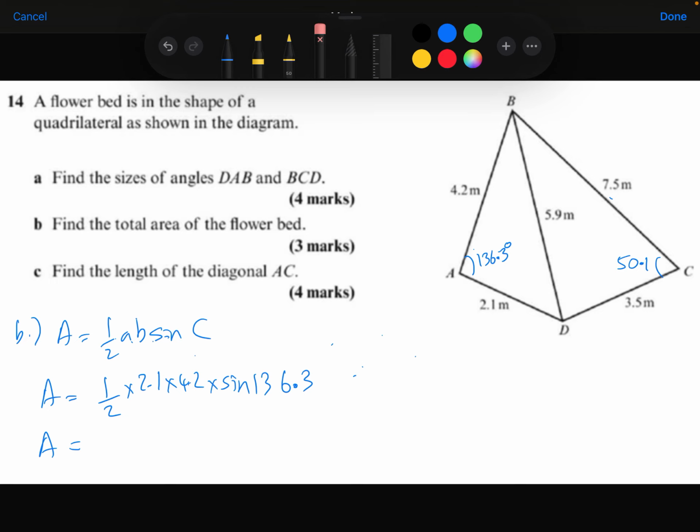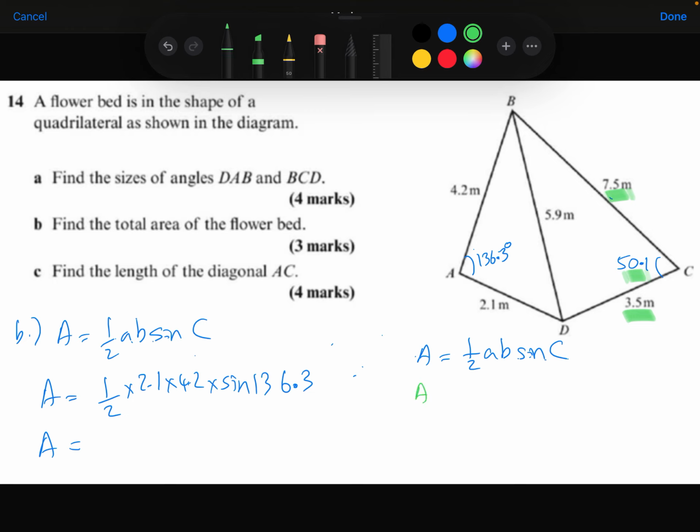I would then do the same thing for the right-hand triangle. So again, same formula, half ab sine C, where this time this is my a, this is my b, and this is the angle in between.